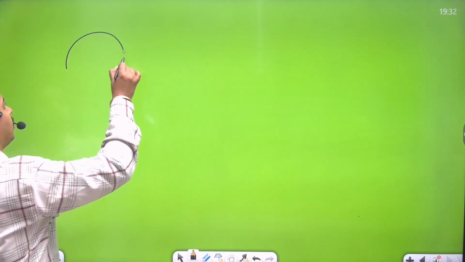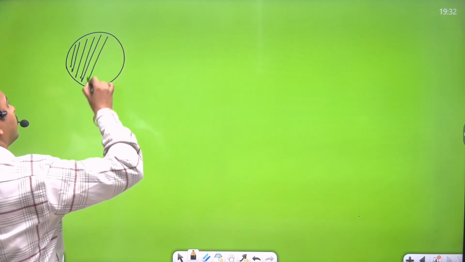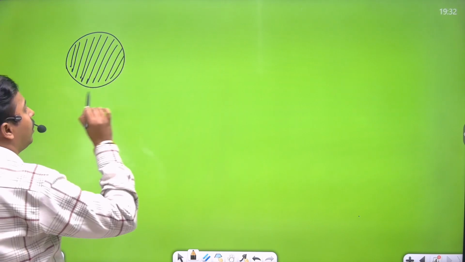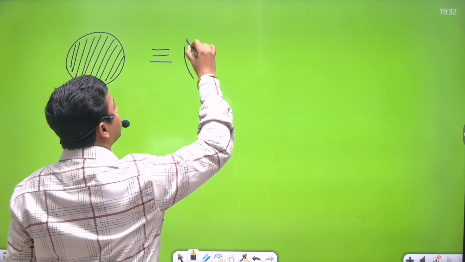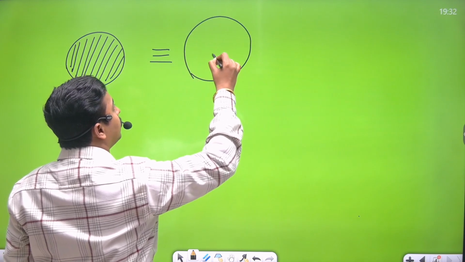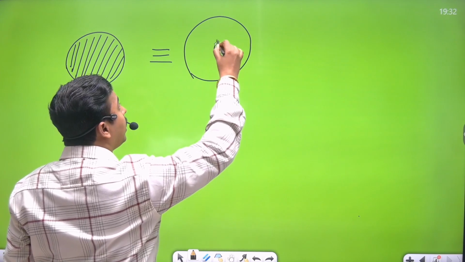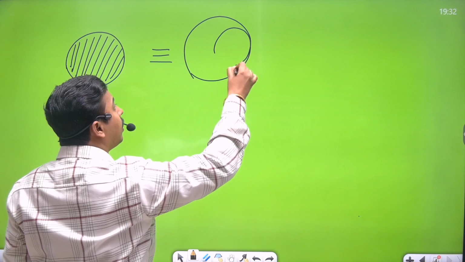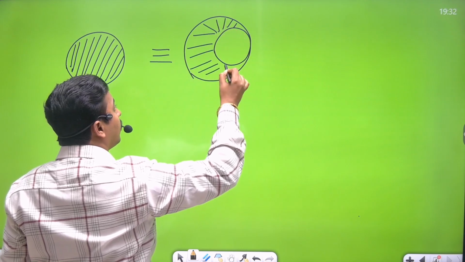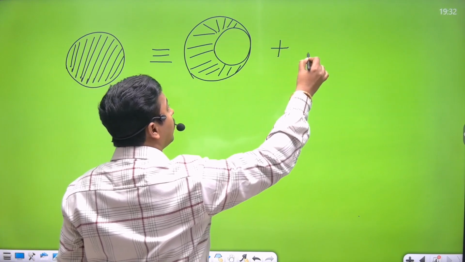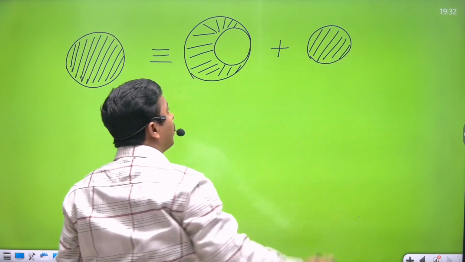Let us suppose the disk of radius 2r is actually equal to the remaining portion with cavity plus this very cavity with mass, something like this.